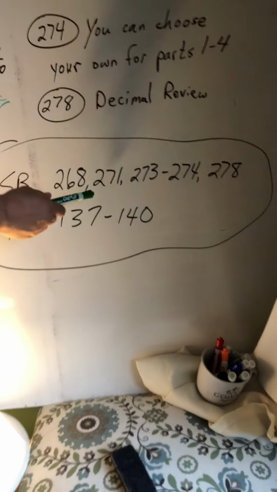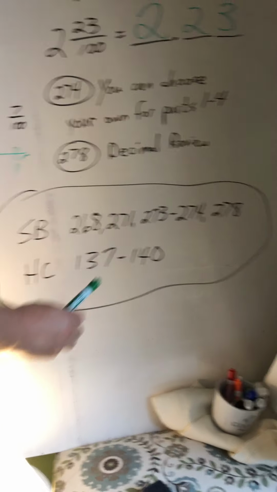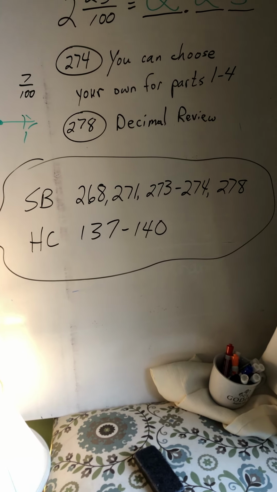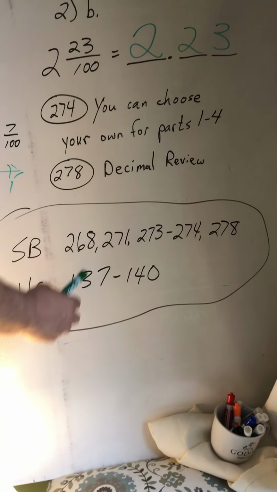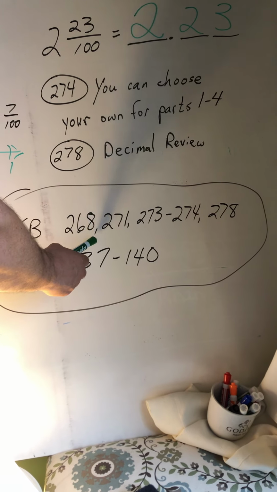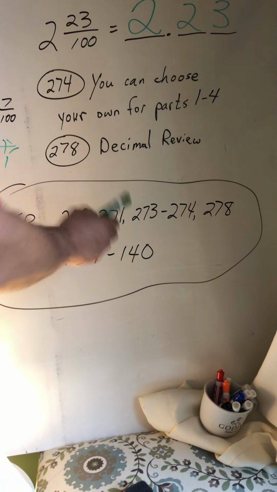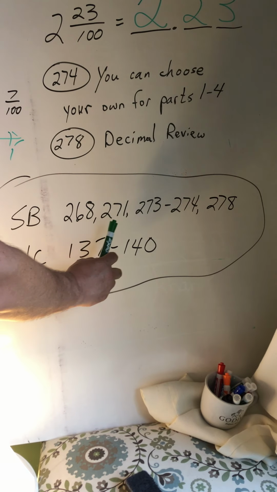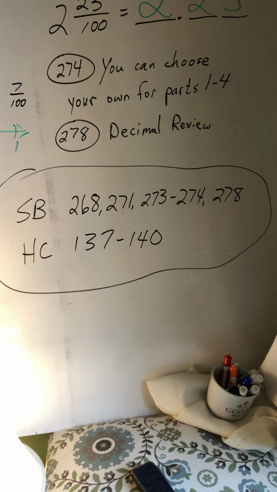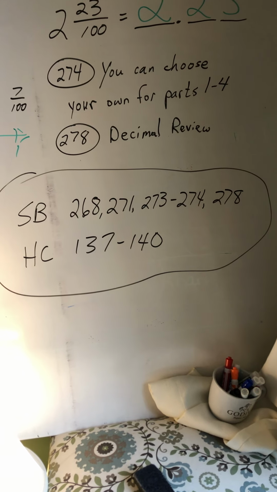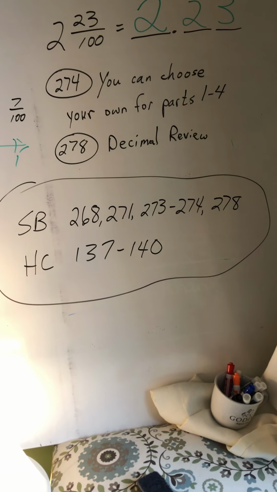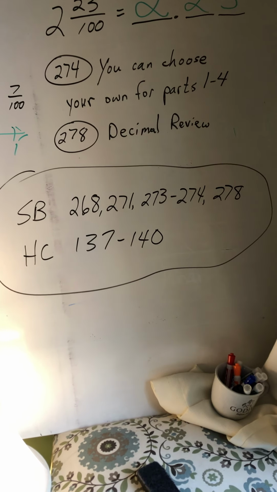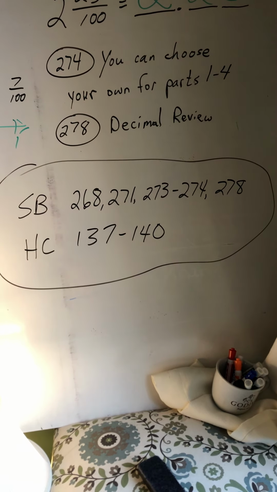So down below, here's what I was talking about. It's broken up because, like I said, there's a lot of workplaces in there. So when you see a comma, it means you're not doing 268 through 271. You're doing 268. Then you're jumping to 271. You do not do 269, 270. Unless you have all the parts to the workplace, you can do it at home, that's fine, but I'm not assigning it.